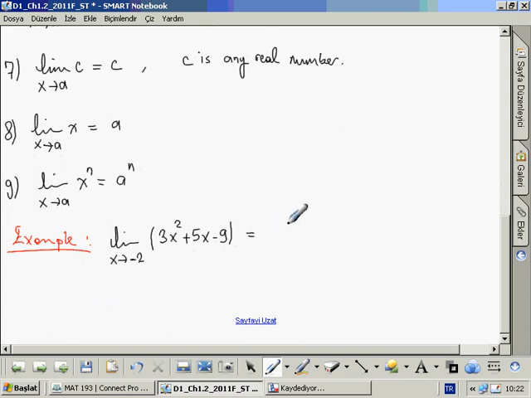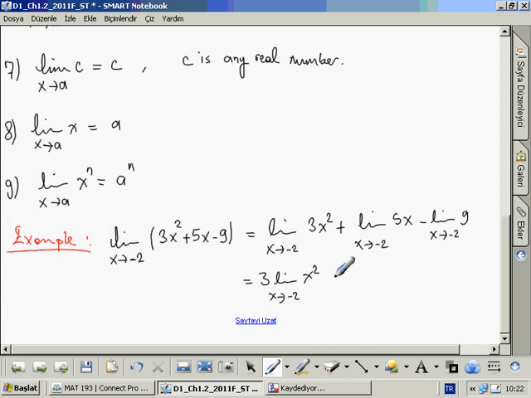So it equals the limit x equals to -2 of 3x squared plus limit x equals to -2 of 5x minus limit x equals to -2 of 9, which equals 3 times limit x equals to -2 of x squared plus 5 times limit x equals to -2 of x, minus limit x equals to -2 of 9.